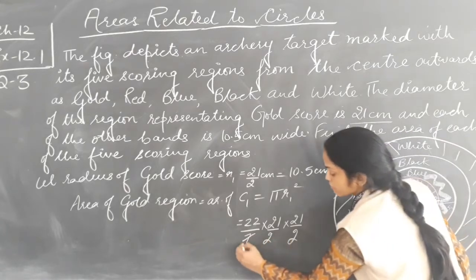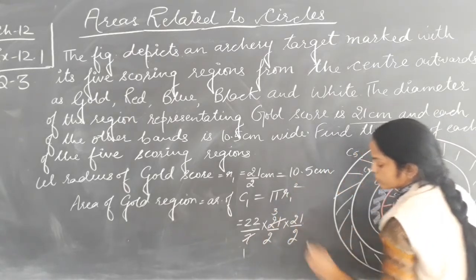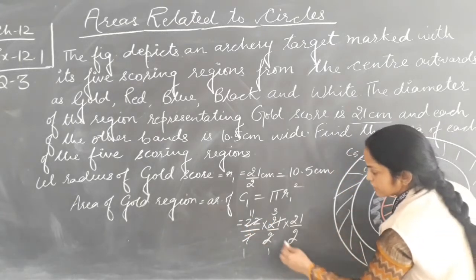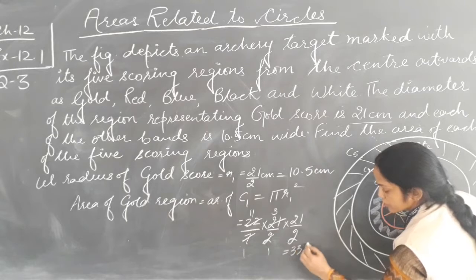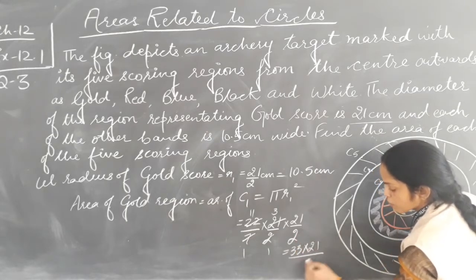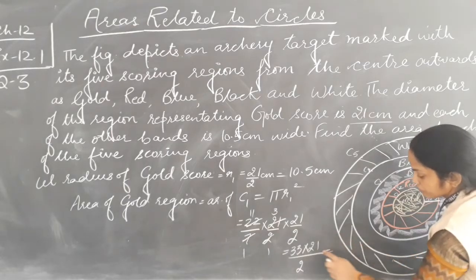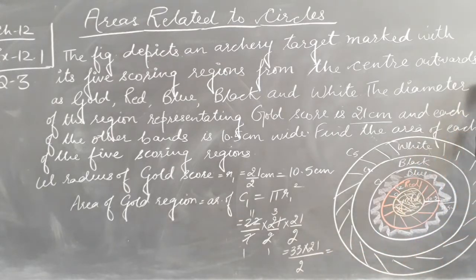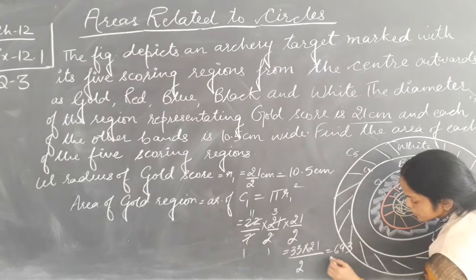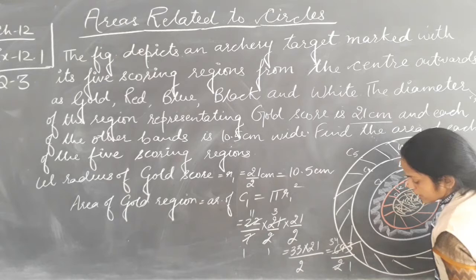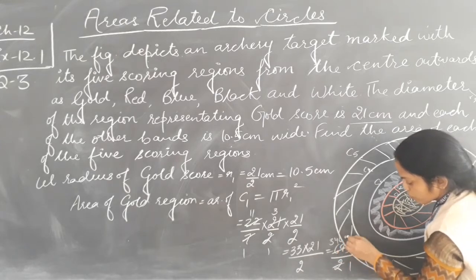Now solve it. 7 1s are 7, 7 3s are 21, 2 1s are 2, 2 11s are 22. So here we will get 11 3s are 33, multiply by 21 upon 2. Now solve it. Multiply 33 by 21. So we will get 693. 693 upon 2 and divide it, we will get 346.5.